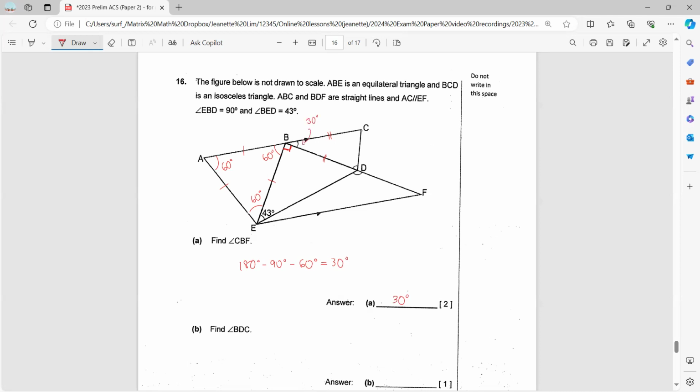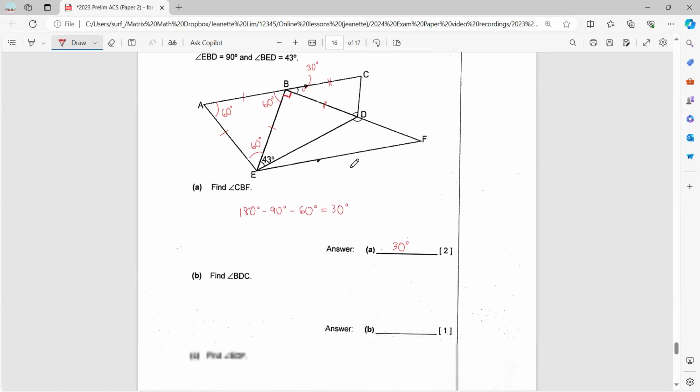Next, okay, let's write down 30 degrees. How do we find BDC? Isosceles triangle, so 180 minus 30, then divide by 2. This will give us 75 degrees.